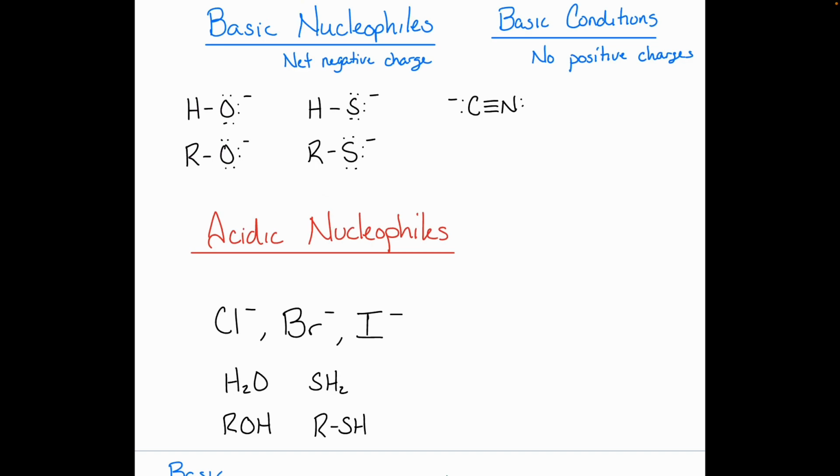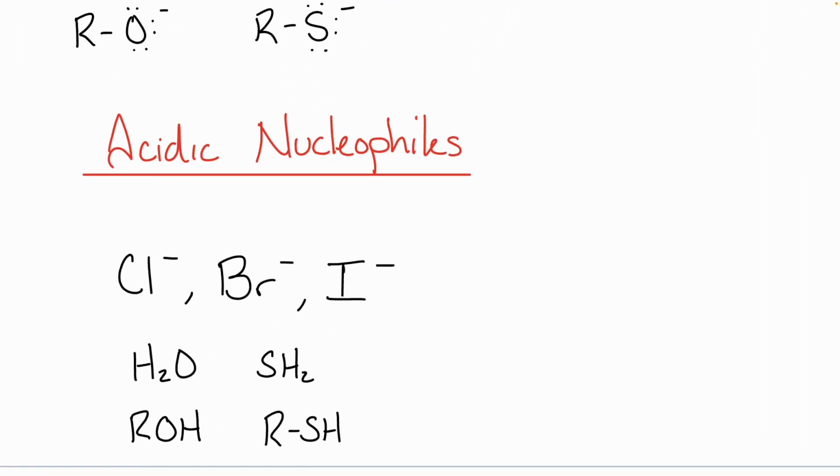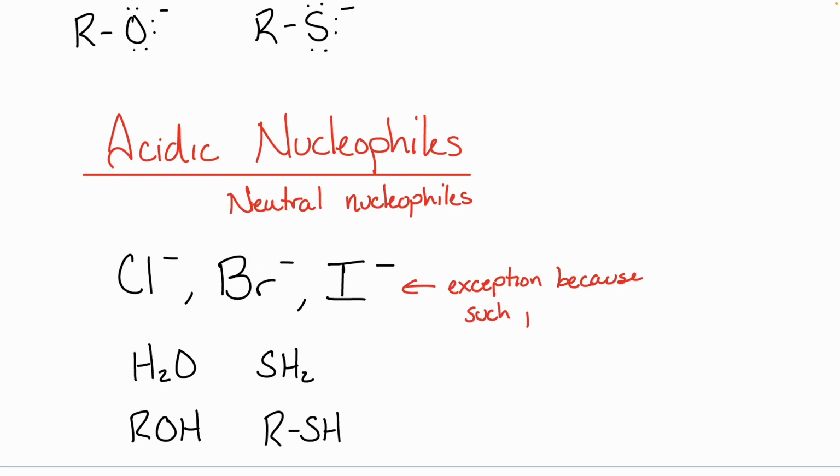Okay? Our acidic nucleophiles, remember a nucleophile by definition still has to be electron rich. So it's not like these are going to be positively charged. But what we do see in this category are our neutral nucleophiles. Okay, with the exception of these halogens, because they're such poor bases.